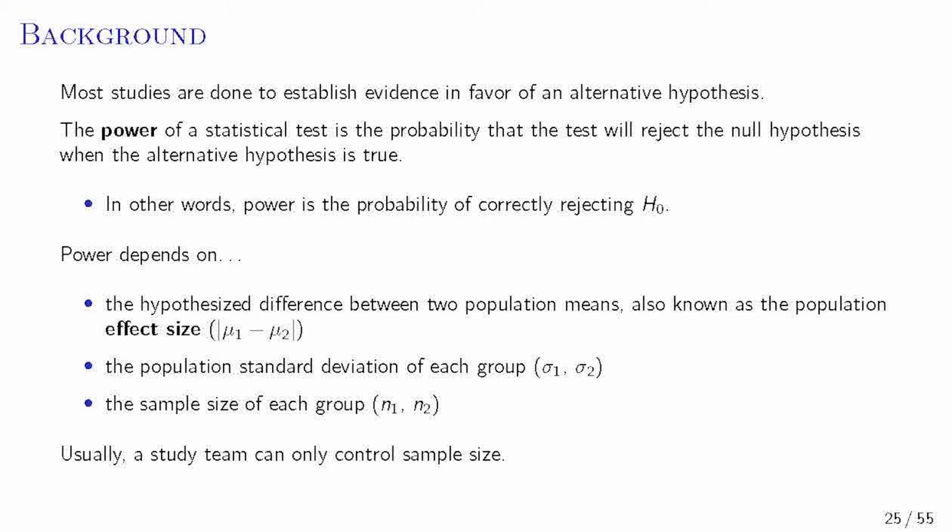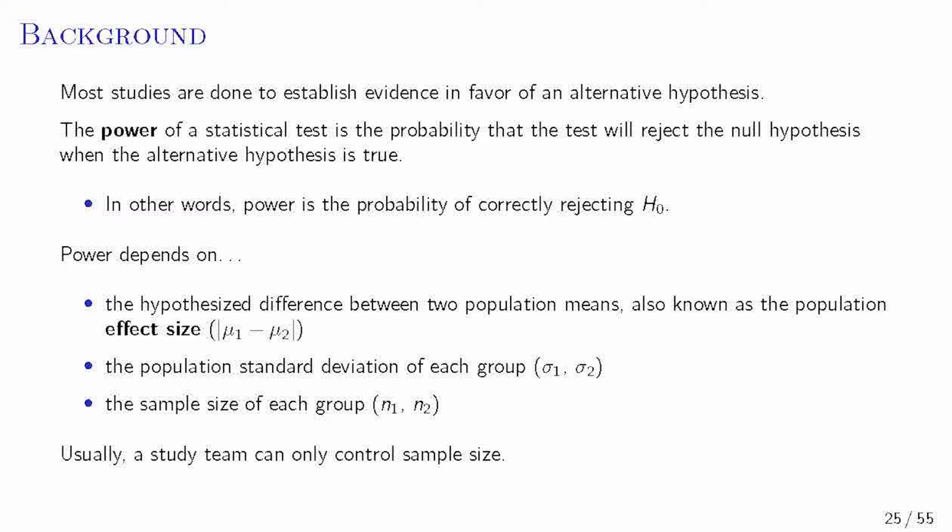What we need, though, is a way to quantify the probability of being correct in rejecting H0. The power of the statistical test is the probability that the test will reject the null hypothesis when the null hypothesis is false. Power depends on the difference, the effect size, so how big the difference in, say, the arm strength between male and female was, the population standard deviation for each group, and the sample size.